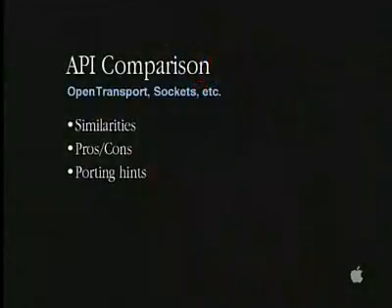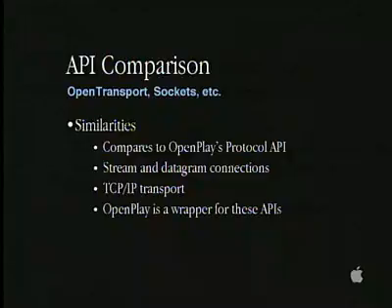Okay, we're going to do basically the same thing in comparing it to OpenTransport and sockets. It's most similar to the protocol API as far as sockets and OpenTransport go.